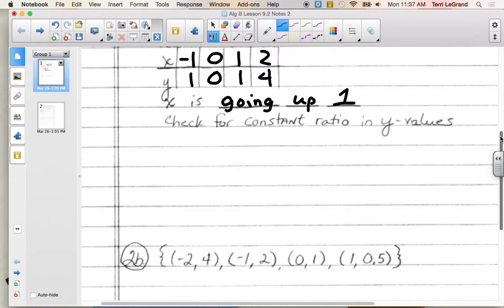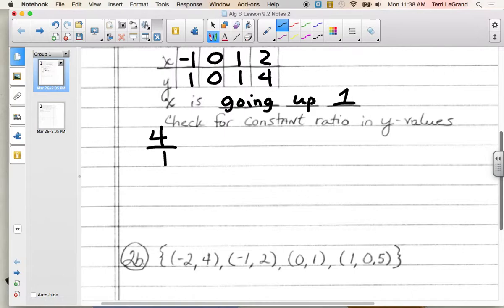Just like a geometric sequence. So what we're looking for is, are the y values a geometric sequence? Next term divided by the previous term. The way you guys like to do it, you start at the end of the table.